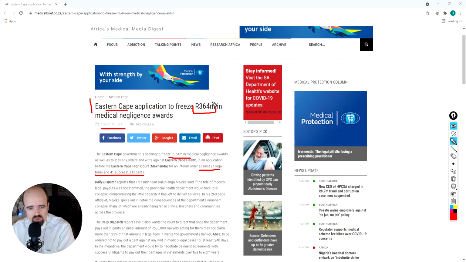I'm quite sure, again, that if the Eastern Cape ran its public healthcare sector efficiently, perhaps this 364 million would be available in the future to be allocated to improving access to newer healthcare technologies in South Africa through improvements in the efficiency of the healthcare system.